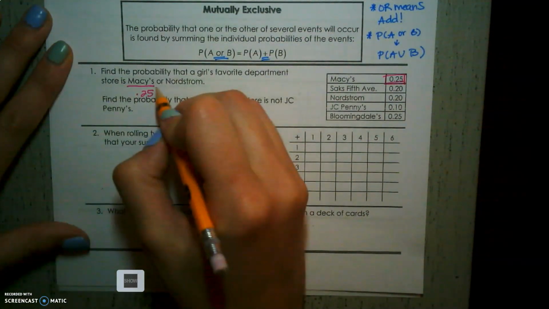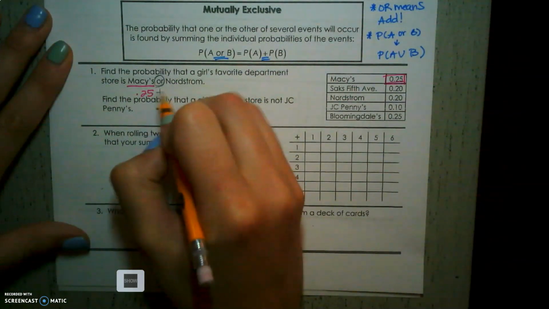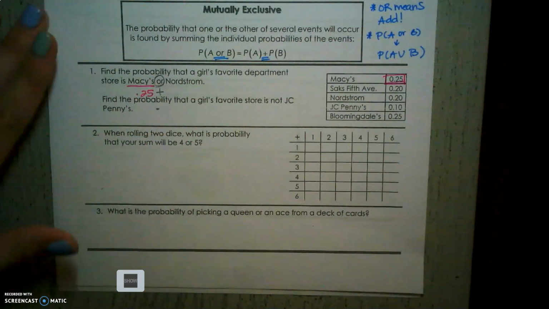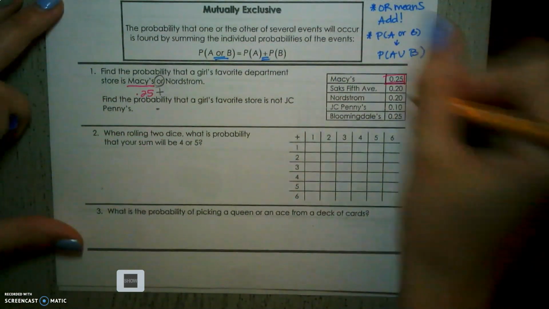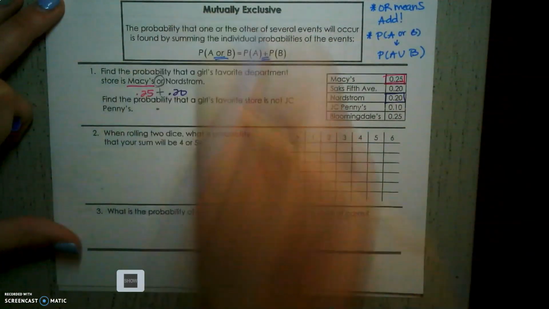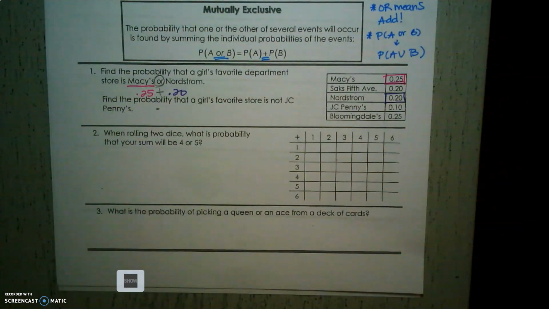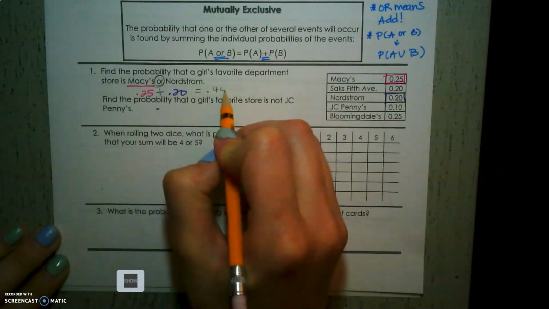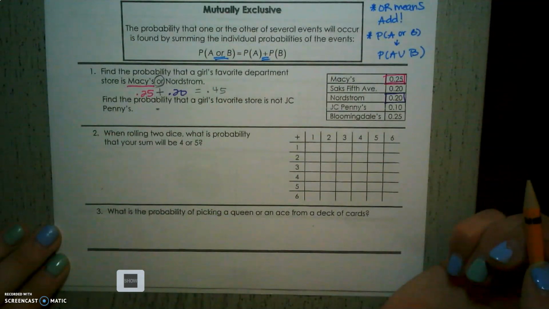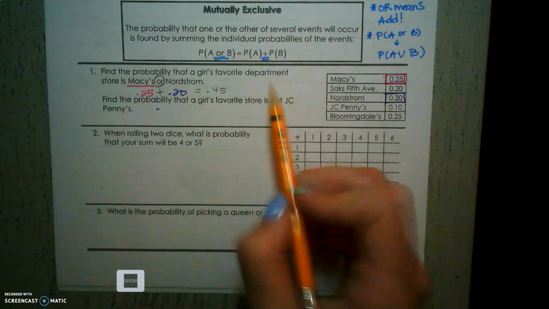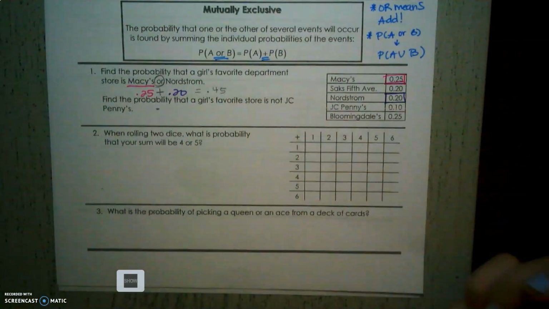Then we see this word or, so we have to add the probability of Nordstrom's, 0.20. Now, we can't be Macy's and Nordstrom's. Those two stores are different; they're mutually exclusive. So we just add those together and find that we have a probability of 0.45. A 45 in 100 chance, because that's the hundredths decimal place.